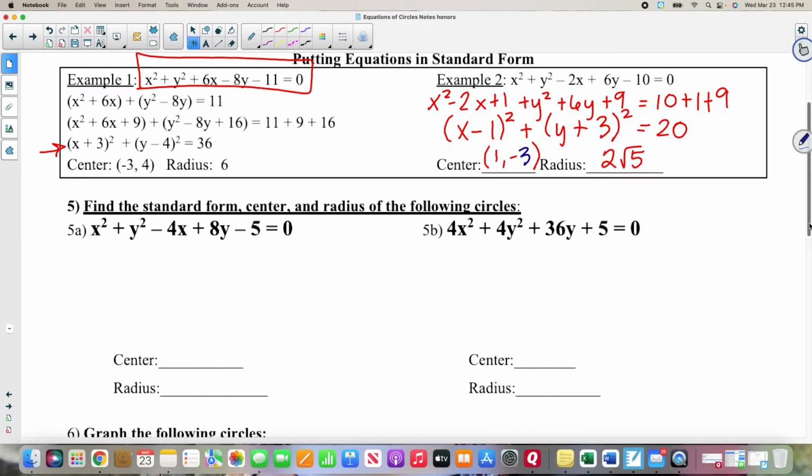And you're completing the square twice, manipulating it, and getting your center and your radius. We're doing only A.